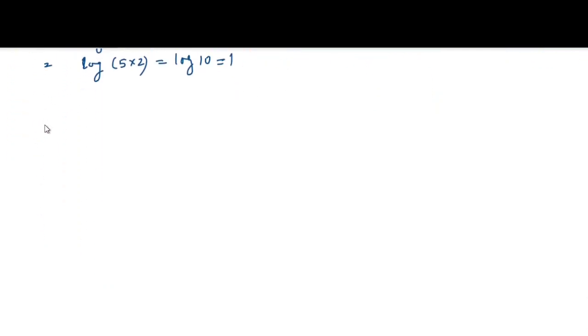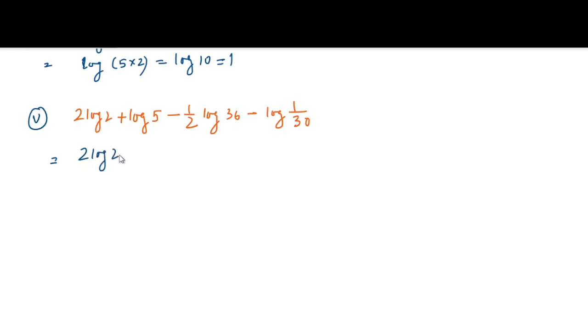Next, 2 log 2, this is the question. Okay, so let us see how to solve this one. 2 log 2 will keep the same, plus log 5 minus half log 6 square, minus log 1 minus log 30.